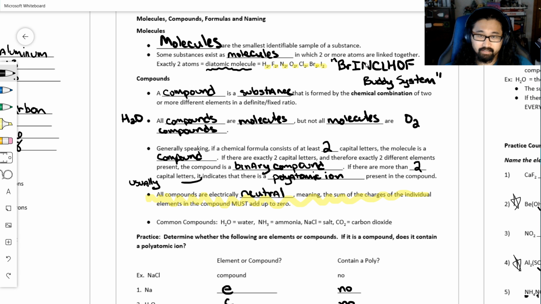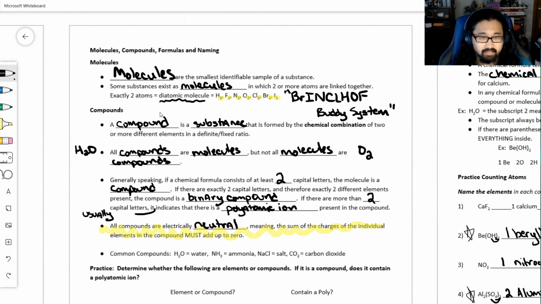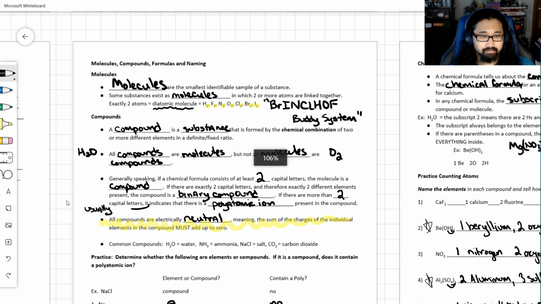Bromine, iodine, nitrogen, chlorine, hydrogen, oxygen, fluorine. I don't have anything clever other than the Brinkelhoff buddy system, but again, diatomic molecule is like a big red flag. Which of the following is a diatomic molecule? Which of the following elements exists as a diatomic molecule? Brinkelhoff buddy system. Alright? Okay.